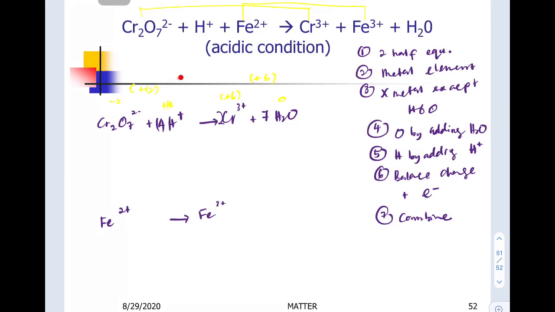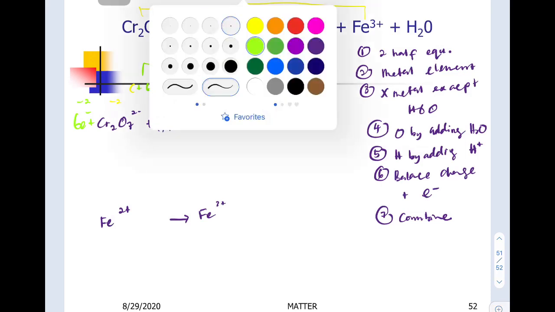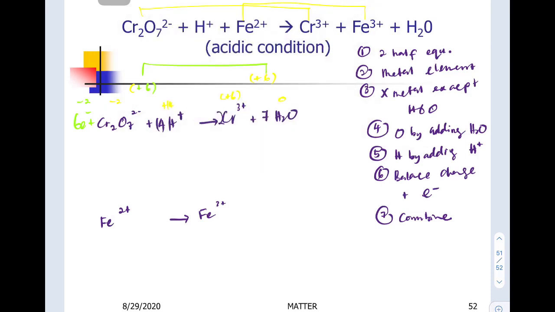They are not balanced, positive 12 and positive 6, so we will add electrons to the side that is more positive, which is the left side. How many electrons we need to add is 6, because if we add 6 electrons, it will balance the charge. Now, the new total charge at the left will be plus 6, the same as the right side. Rewrite the equation after we balance all atoms and the charge.